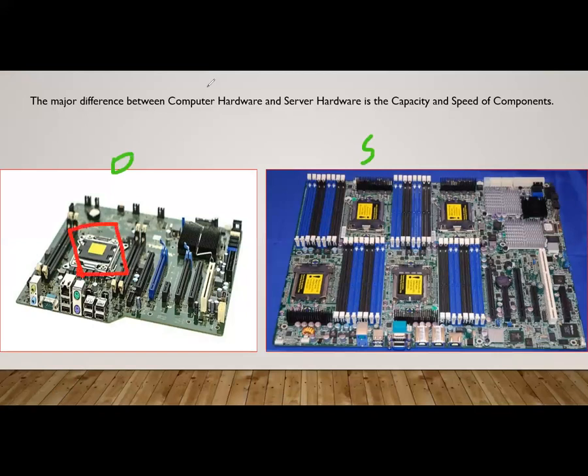Only one processor. You know what a processor is? Normally we call it i3, i5, i7 processors. These are the generations we have, right? So how many processors do we have in the desktop motherboard? One. But coming to the server, 1, 2, 3. In this server motherboard, there are totally 4 processors. So a minimum of one will be there, but it can be more than one.